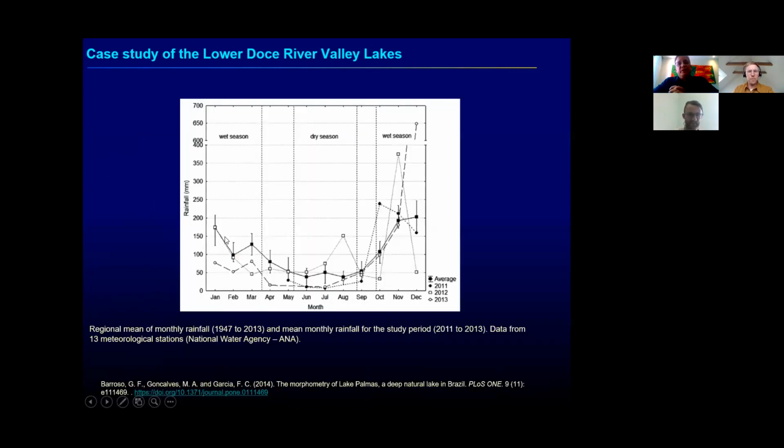So working with this climate aspect of the Lower Doce River Valley, we have a climate in the area with a wet season during the summer, from more or less November to late March, and then a transitional season in April, May, and then the dry season with rainfall of less than 15 millimeters per month.